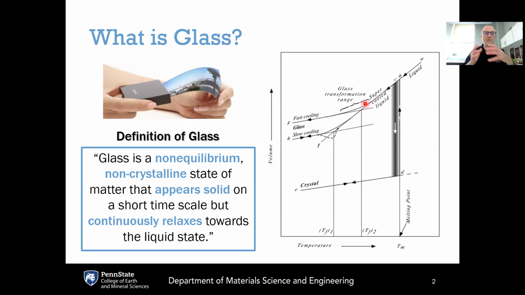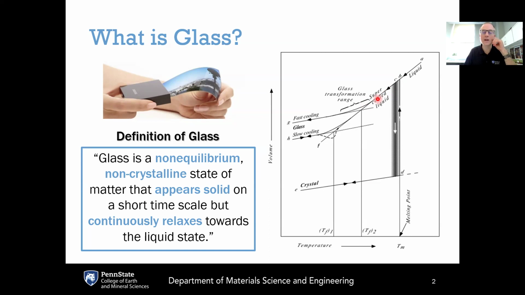So instead of flowing like water, for example, it's going to flow like honey or with an even higher viscosity than that. So as the supercooled liquid is cooled, the viscosity continues to go up, which means that the motion of the atoms in that supercooled liquid become slower and slower.